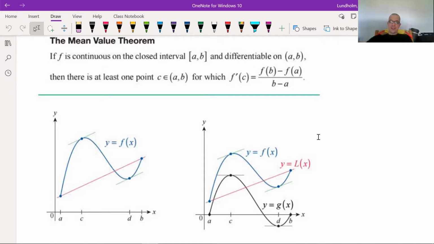So again, you make the average rate of change as the secant line between the endpoints. But what you know is that somewhere along the curve, the tangent line is going to match that same slope as the average rate of change. So that's pretty cool.